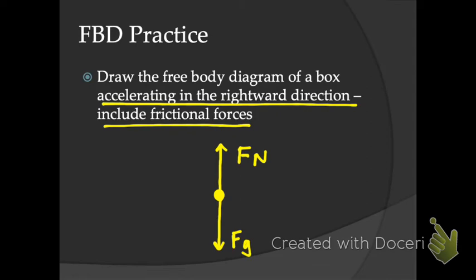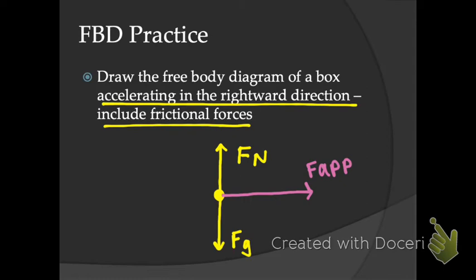But now it says it's accelerating in the rightward direction. So we know we've got to have some force being applied to make it move to the right. I'll just call that force applied. I don't know if it was a push or a pull. I don't know what made it go, but I know we had to apply a force of some kind. Would we agree with that?